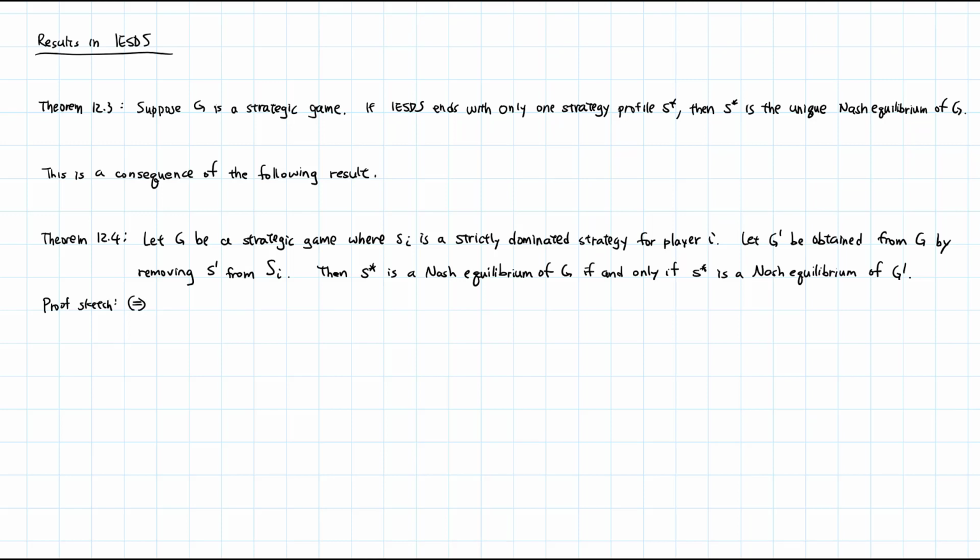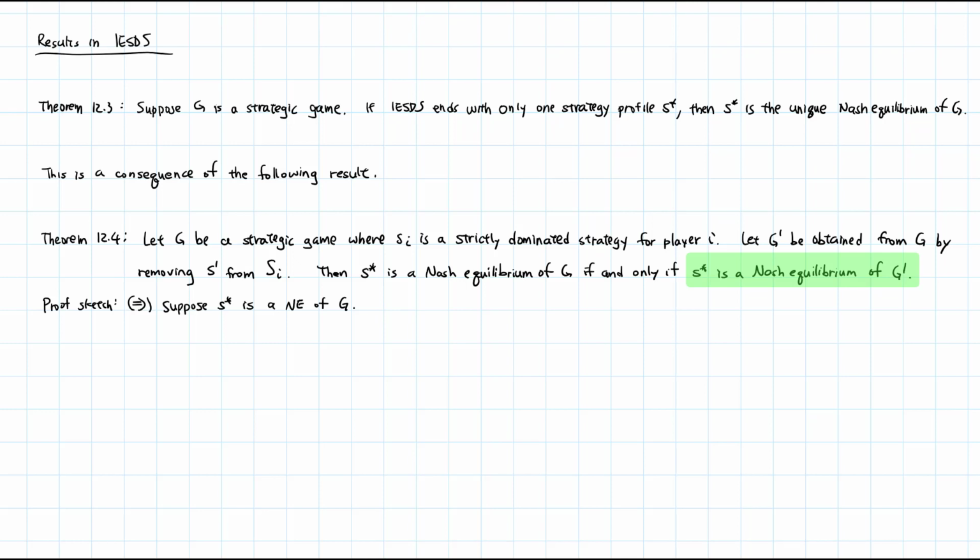For the forward direction, we suppose that S star is a Nash equilibrium of G. We want to prove that S star is a Nash equilibrium of G'. But G prime is a restriction of G, so we need to first establish that S star is a valid strategy profile in G prime.